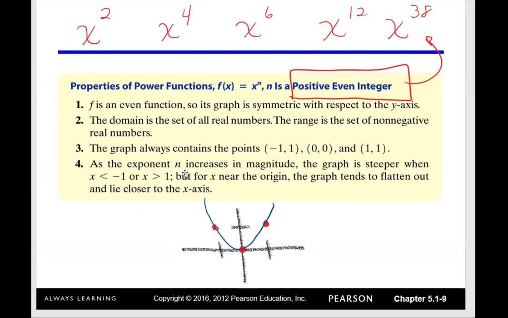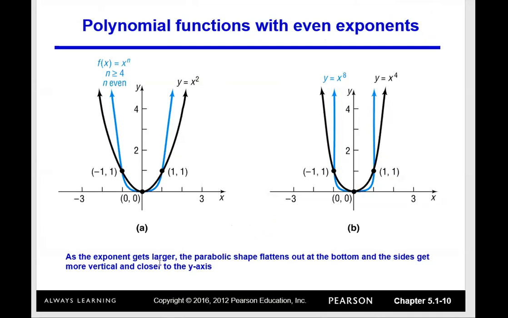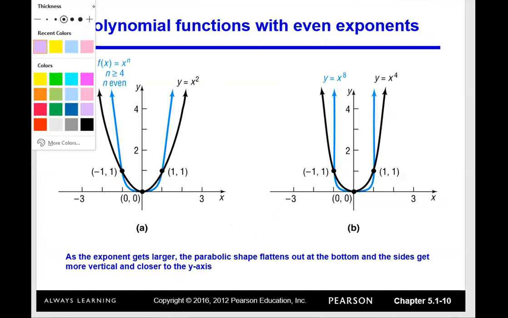As the exponent n increases in magnitude, the graph is steeper when x is less than -1 or x is greater than 1. But for x near the origin, the graph tends to flatten out and lie closer to the x-axis. The next 2 slides are just pictures of what they're saying. So I kind of added this little note at the bottom. You can see on the first graph here, they've got the x to the 2nd power.